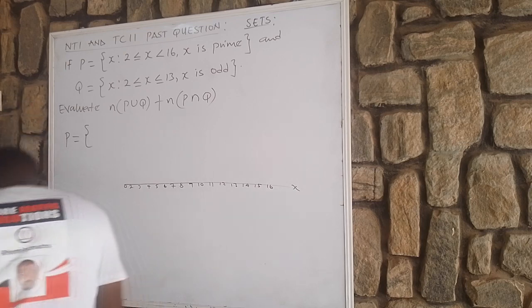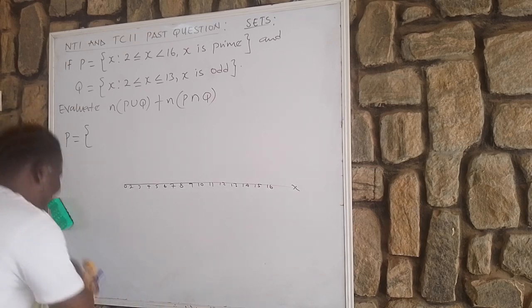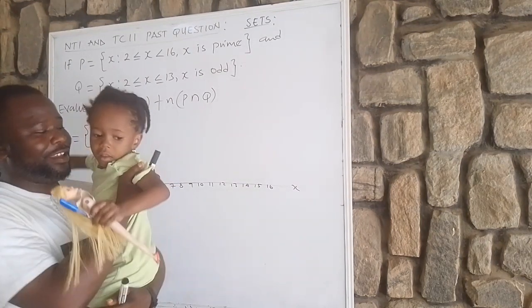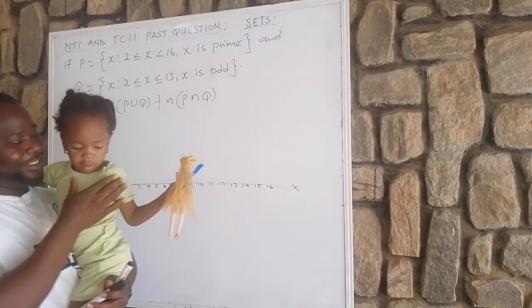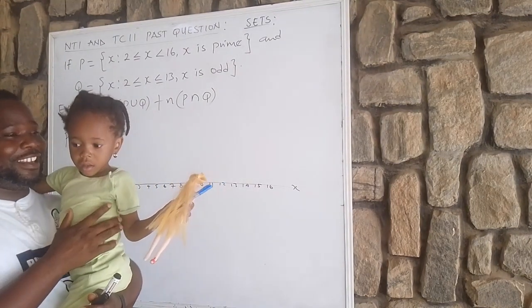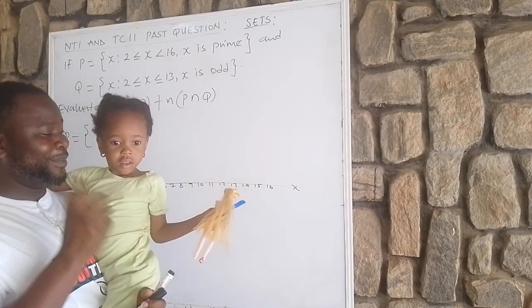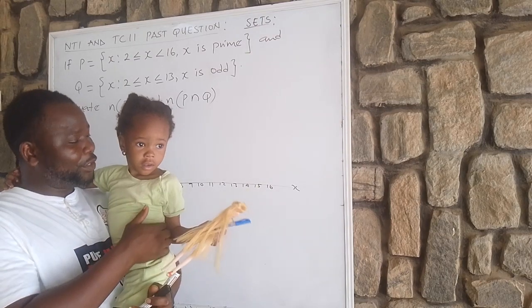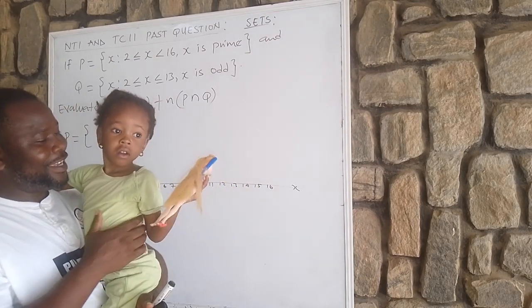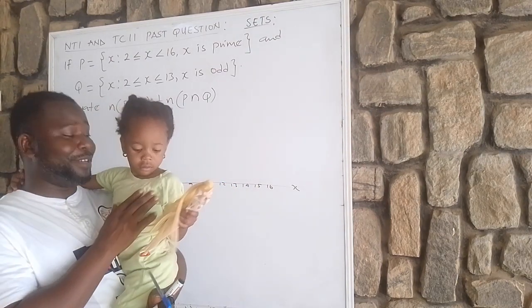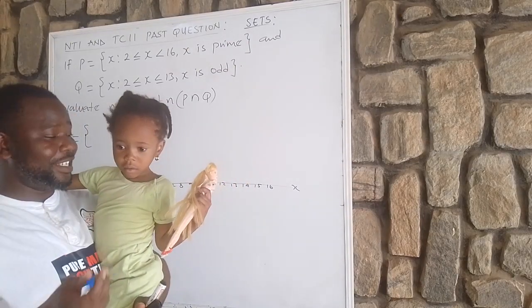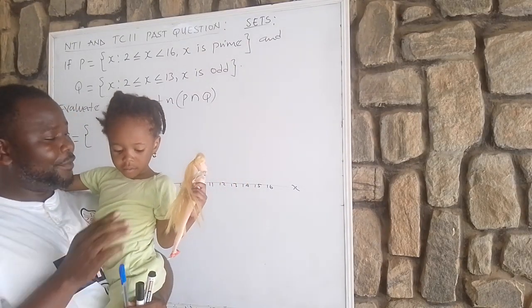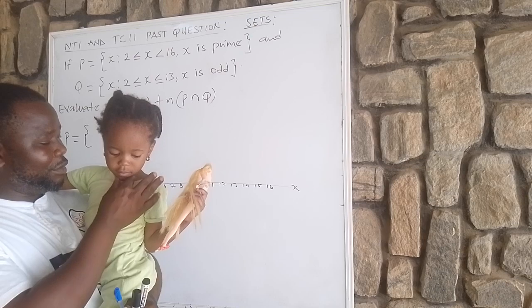Oh, my daughter. Do you want me to carry you? You see, this is my daughter. Whenever I'm solving mathematics, she wants to be with me, and I don't know why. She can disturb, don't mind her. Sorry for breaking the transmission. I don't know whether she wants to become a mathematician.